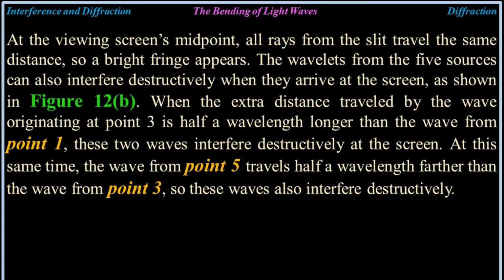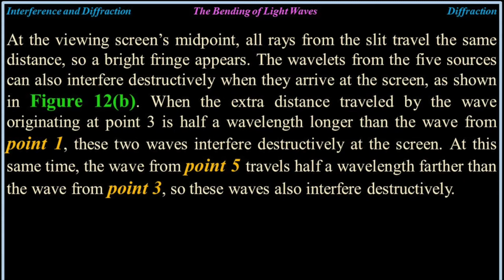At the viewing screen's midpoint, all rays from the slit travel the same distance, so a bright fringe appears. The wavelets from the 5 sources can also interfere destructively when they arrive at the screen, as shown in Figure 12b.